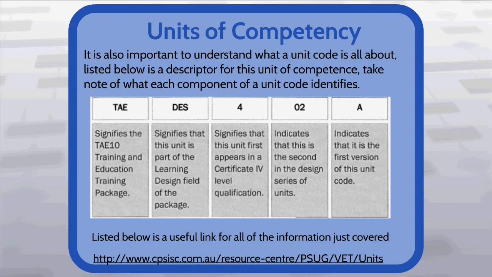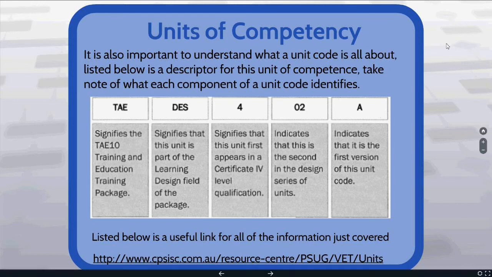The 4 in the number tells us that it's a Certificate 4 level qualification. The 02 tells you that it's the second subject within the design series. You don't have to teach in sequential order, so TAE DES 401 doesn't have to be taught before 402. That's okay, we're able to move those around. And the A indicates that it's the first version of the unit code.